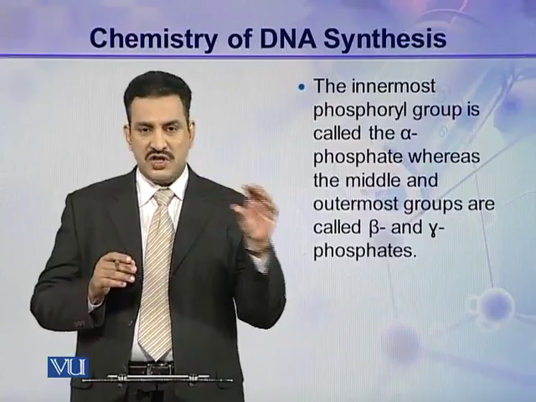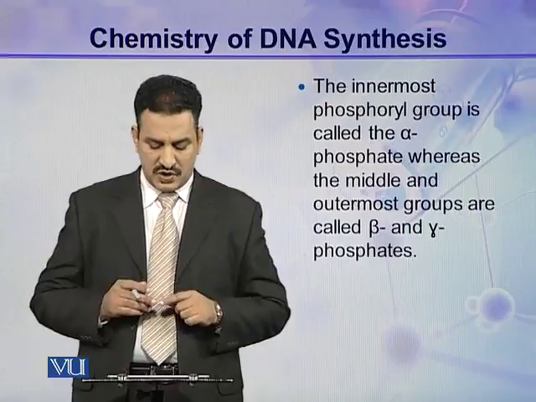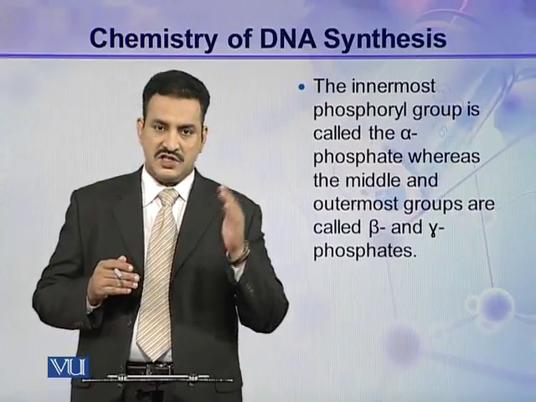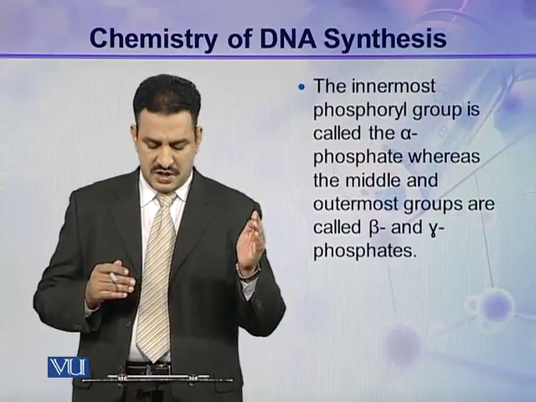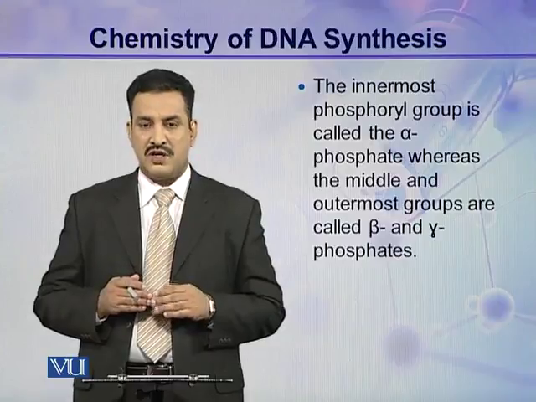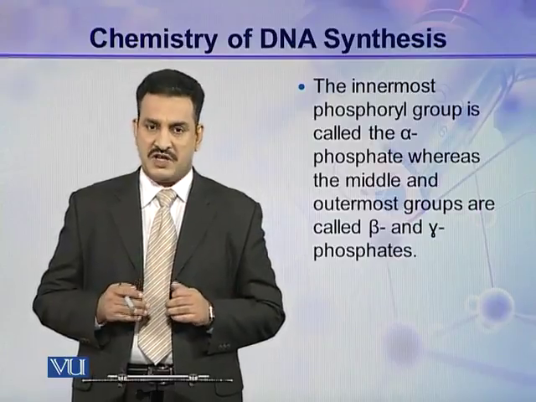In these three phosphates, the innermost phosphoryl group is called the alpha phosphate, while the second and third, that is the middle and outermost groups, are called beta and gamma phosphates respectively.